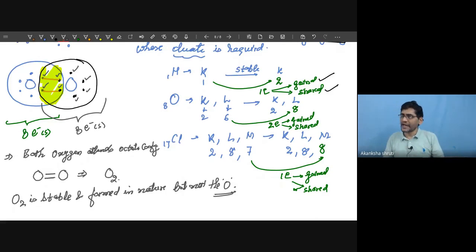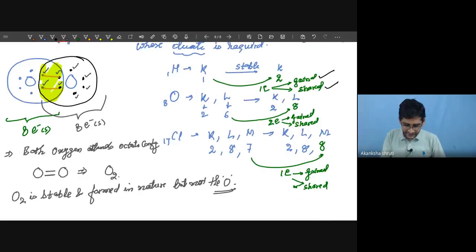O3 is also formed. That is another concept called coordinate covalent bonding, which you will learn in higher standards, where the concept of donating a lone pair arises. So O3 we are not considering here.